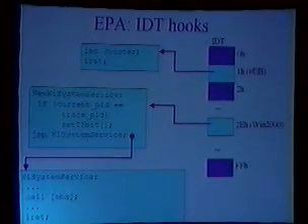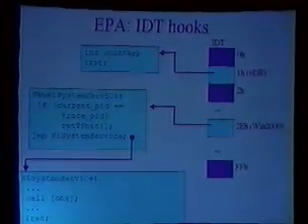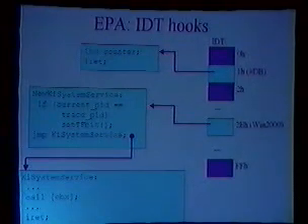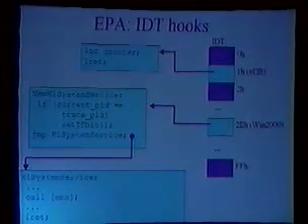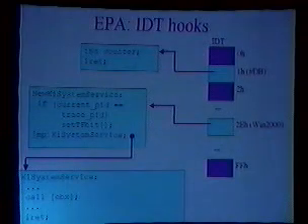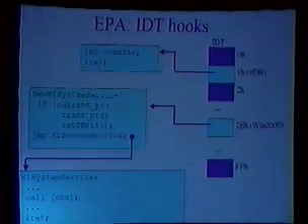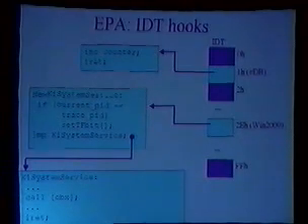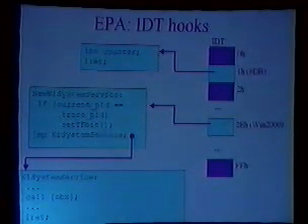We need a special module which will hook, of course, IDT number 1, and provide our handler for counting the instructions. So we provide a counter, like you see on the slide, which just increments some variable.